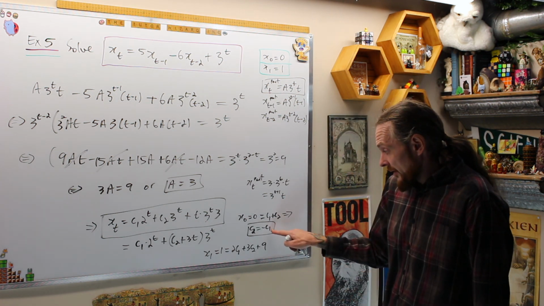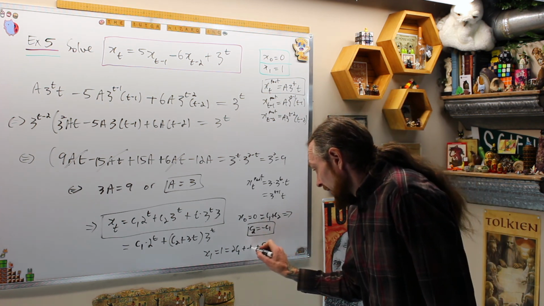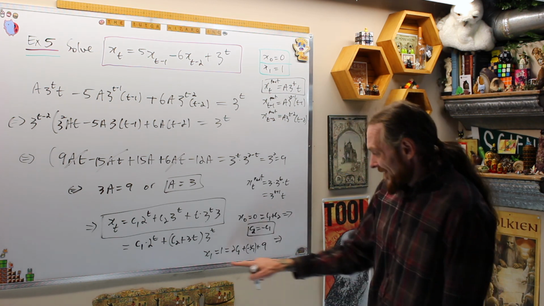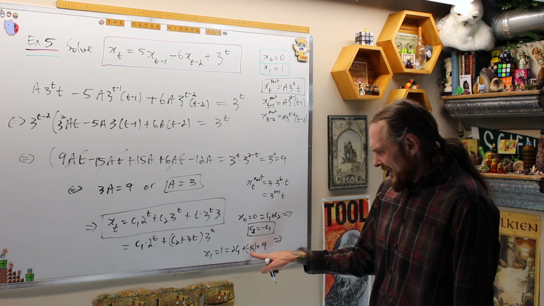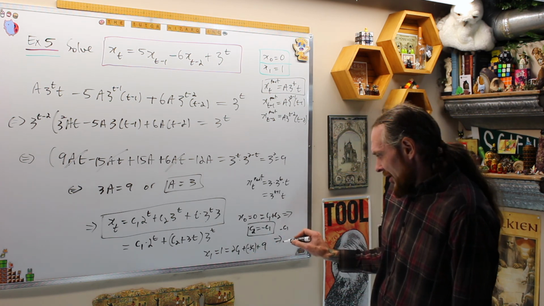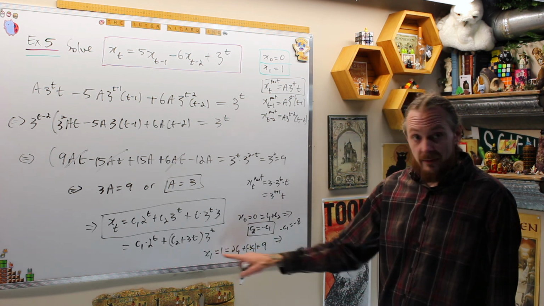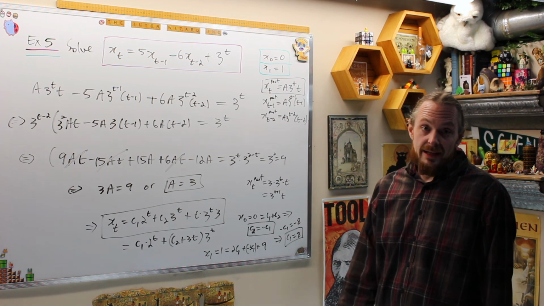I know that c2 is negative c1, so this will be negative 3c1. What does that tell me? If I'm doing this correctly, don't skip steps. I'm trying to skip all the steps. That gives me negative c1 equals negative 8. If I move that over, c1 is 8, assuming I did that correctly.